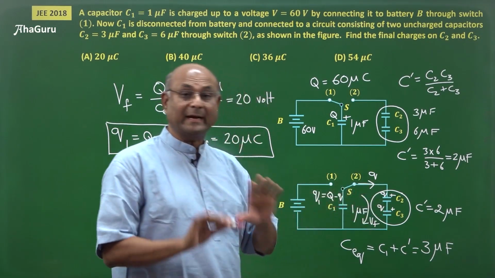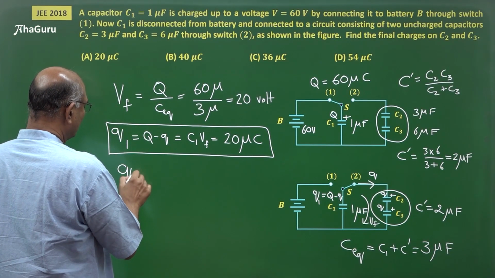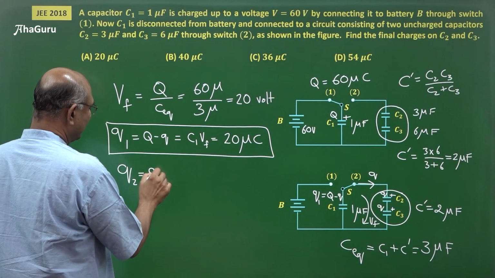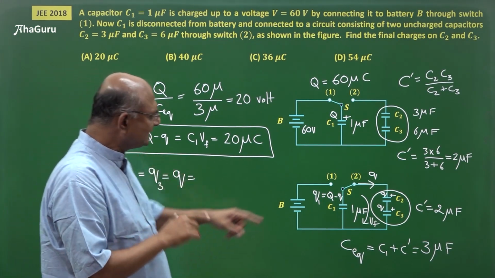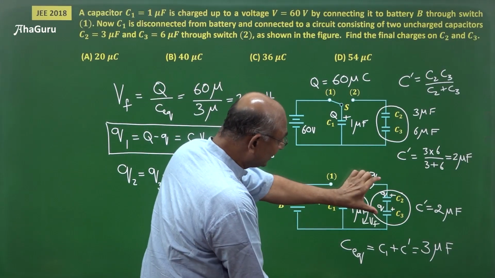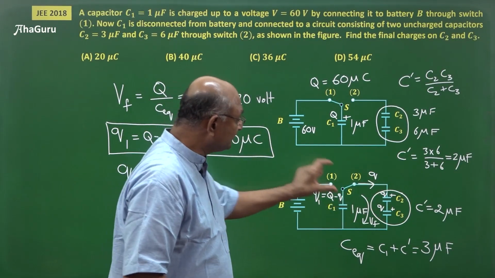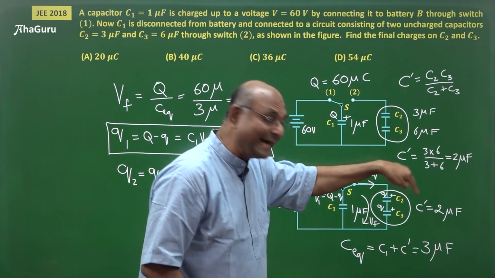Q2 and Q3, they are equal to small q. So let me write that Q2 equal to Q3 is equal to q. And how much will this be? Can I say it is C2 into V? No, because this Vf is across C2 and C3 together. So this Vf is across C dash, so you have to say Vf into C dash.